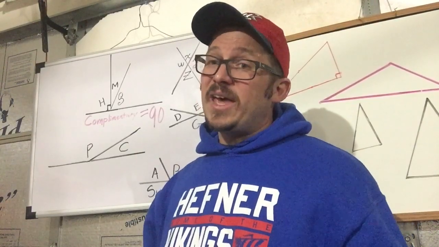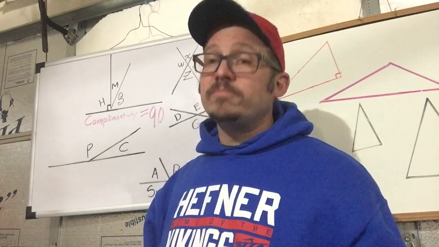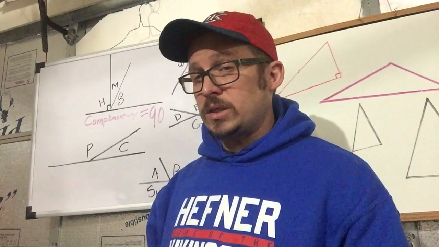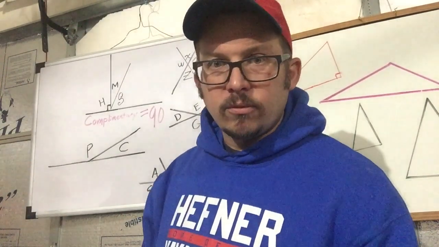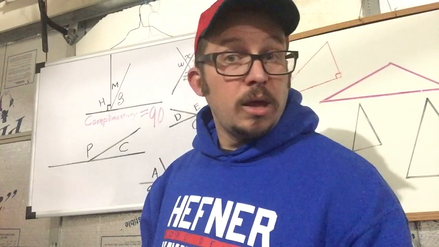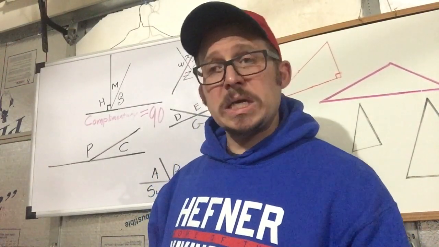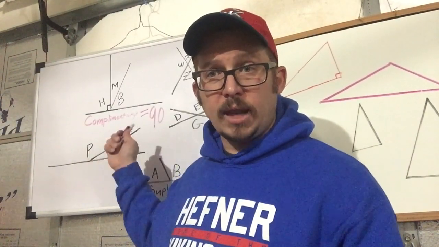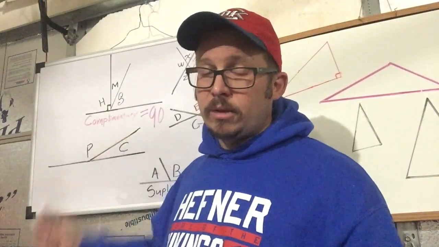Well, that means 90 minus 35 is going to be 55. How about if S was 45? If S is 45, then M is 45 because 45 plus 45 equals 90, and we know they are complementary angles. The angles that add together to equal 90 are complementary angles.